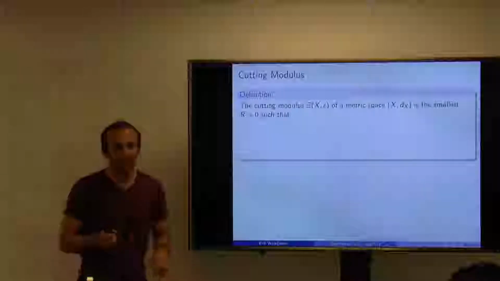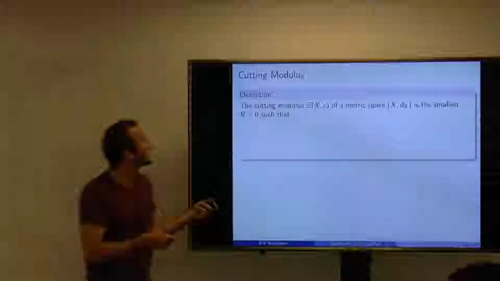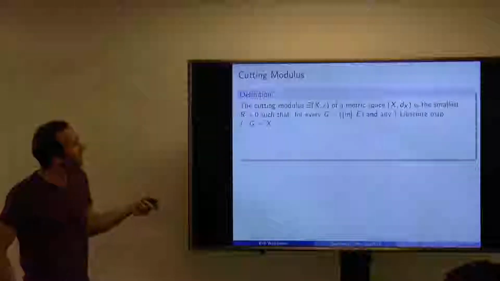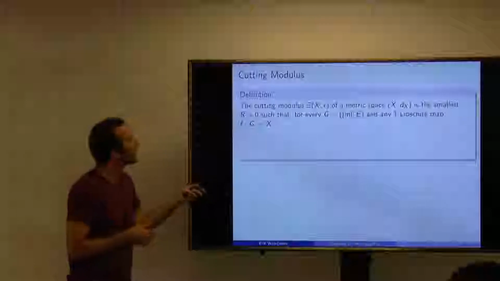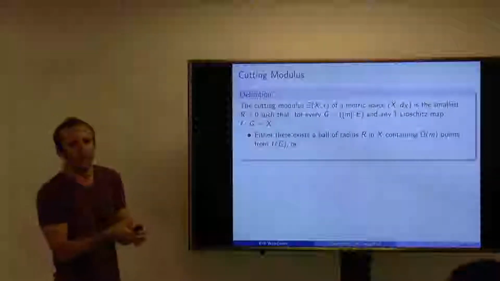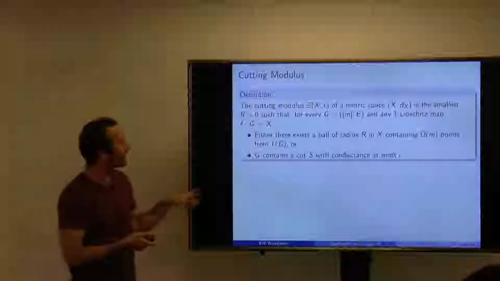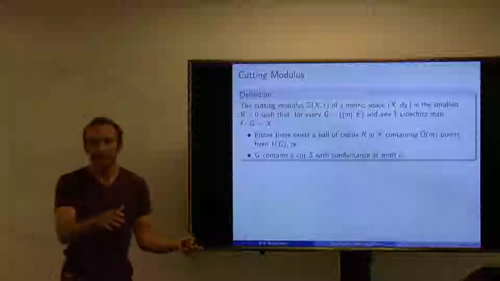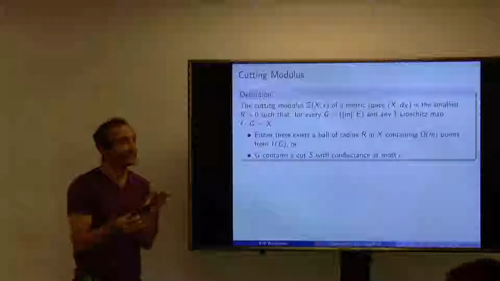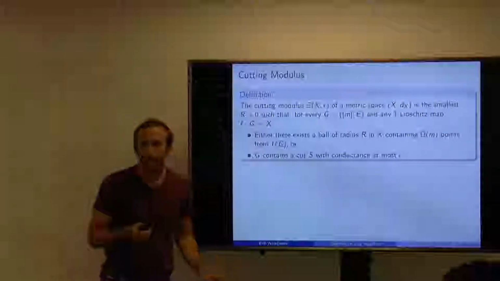The definition of the cutting modulus is a quantity xi of a metric space X. This will be the smallest radius R such that for any graph and any 1-Lipschitz map of the graph into my space, either there's a ball of radius R containing most of the points, or the original graph contains a cut of conductance at most epsilon. So just take the corollary, and see to what extent you can trade off the radius of the ball and the conductance of the cut.